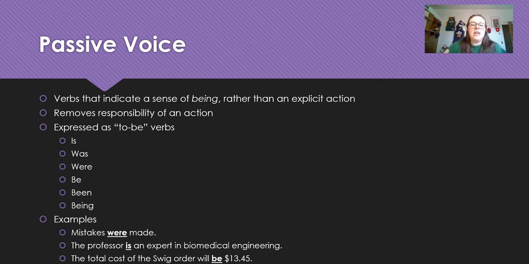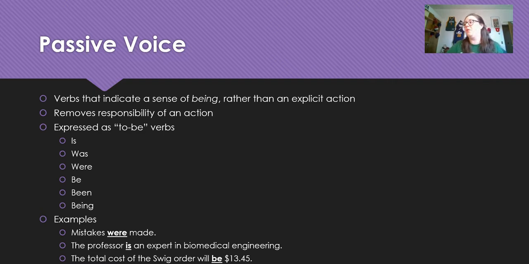So the passive verbs are expressed as to be verbs. So is, was, were, be, been, being. And examples of this could read, mistakes were made. The professor is an expert in biomedical engineering. The total cost of the SWIG order will be $13.45. So we can look through these sentences and basically say, okay, this doesn't say the professor spoke.